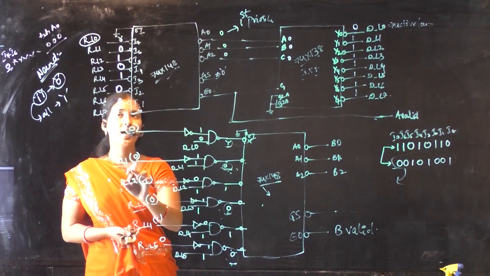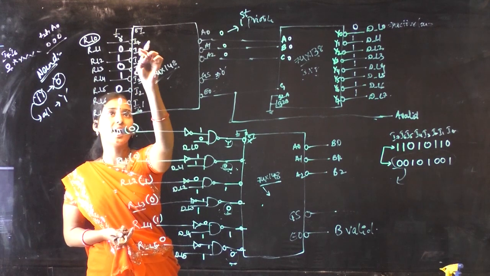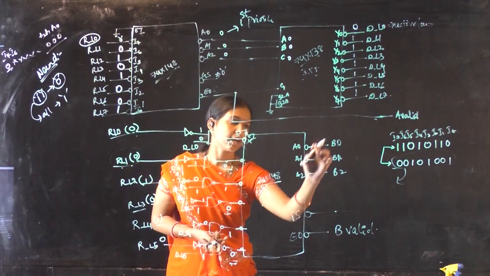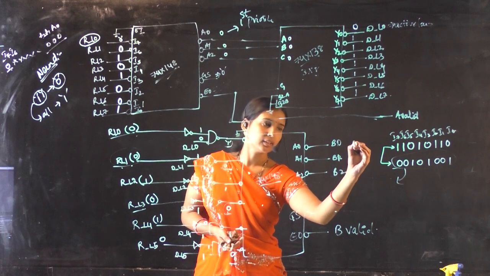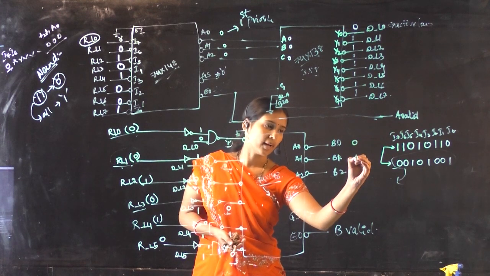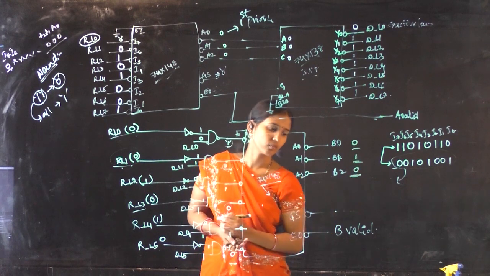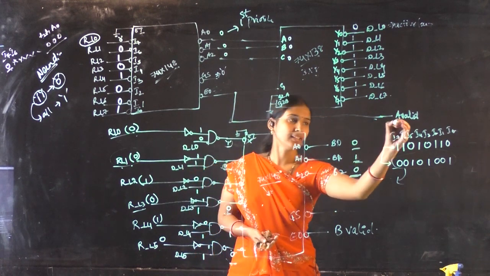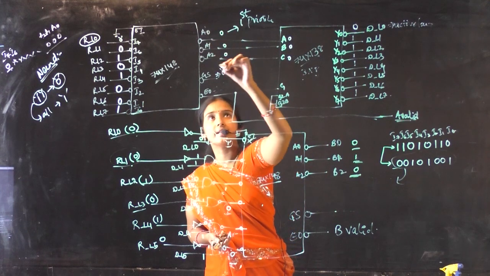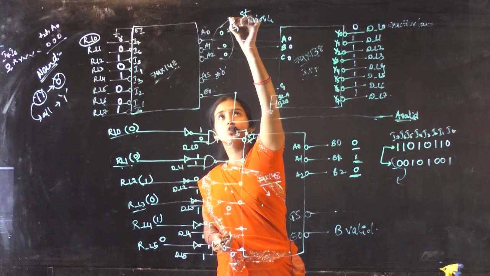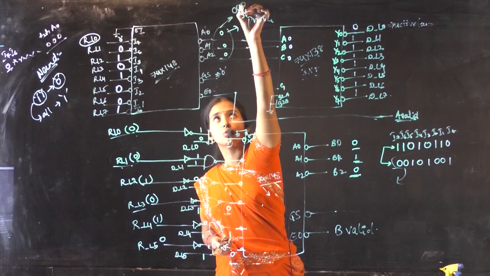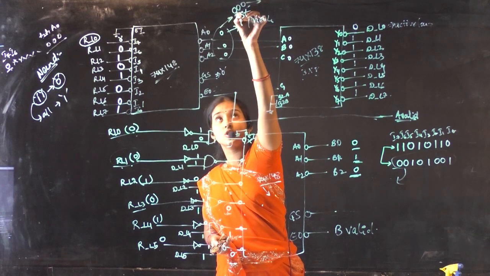So what will be your RL1? RL1 is nothing but your I6. So at the data output you will have 0 1 0. So this is your highest priority. And what is your A valid? A valid means this is your data, this one. So you have got here 0 0 0. That means these are active low signals.